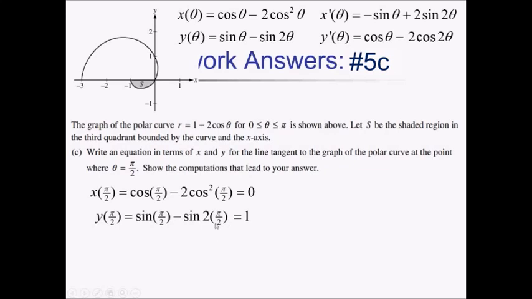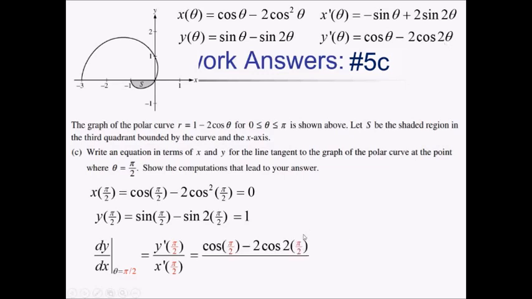Next, let's get the derivative. For that, we need y prime of pi over 2 over x prime of pi over 2, just using our parametric setup here. So let's see, y prime, that's going to be cosine of pi over 2 minus 2 cosine 2 times pi over 2, all that stuff. For x prime, we've got negative sine of pi over 2 plus 2 sine of 2 pi over 2.